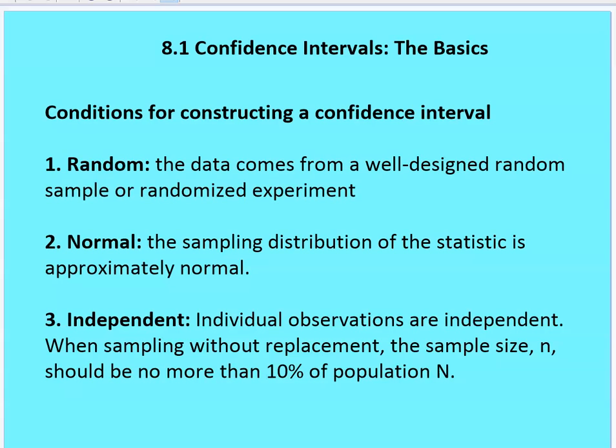We talked about last time that even if the distribution of the statistic is not normal, a sample size greater than 30 will mean that the sampling distribution is going to be approximately normal. And then we want to check for independence, and we use that 10% rule, where the sample size is less than or equal to 1/10 of the population size.